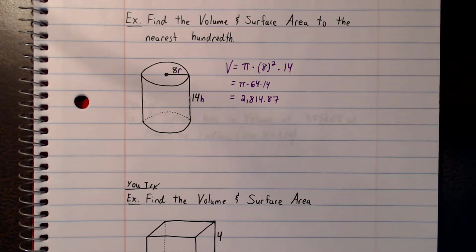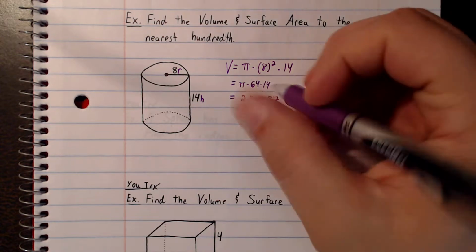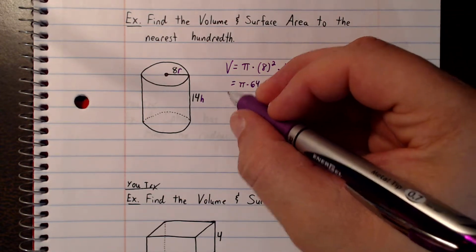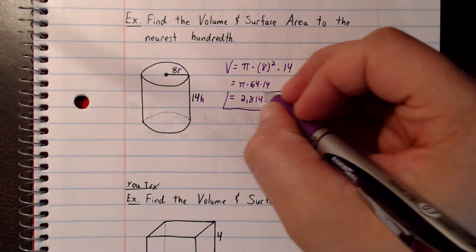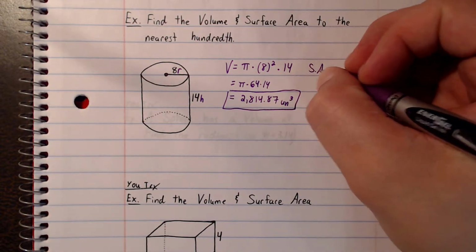Now, volume is three-dimensional space. Cubes. Cubic. So that means for volume, our solution should be whatever those units are to the third power. Surface area.